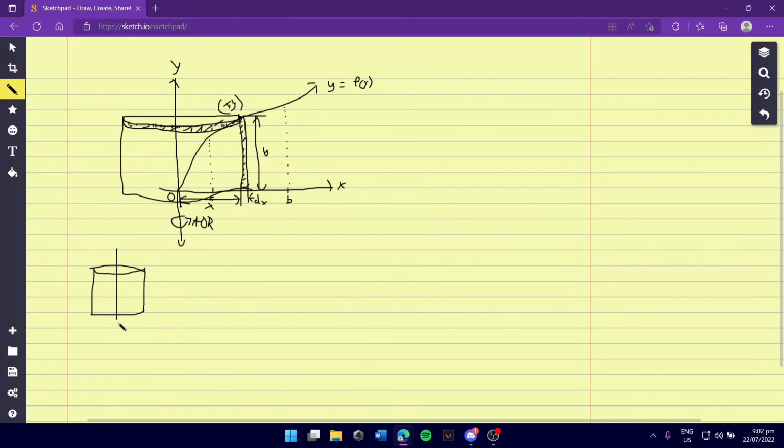So this is first your axis of rotation, your AOR. And then the height is called your y. And then the thickness, imagine this is the thickness. This is your dx. And then the distance from here to here is your x, right?